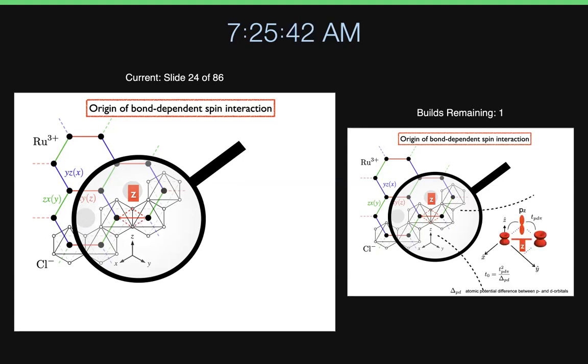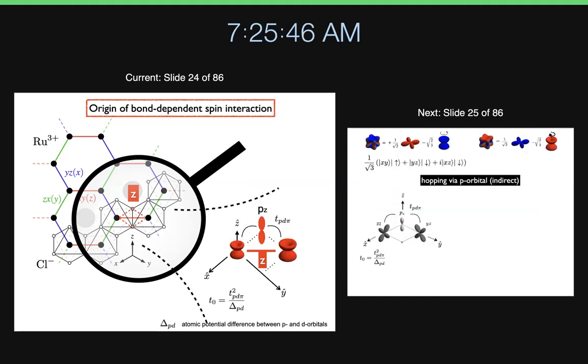And one can see there are 2 processes, one from up and one from down. It really doesn't matter. So here is the XZ and YZ combination, Lz equal to 1, and here is Lz equal to another 1. We go through this process, called t_pd pi, and it's the dominant hopping integral, which we often write as t naught. It's going to be t_pd pi squared divided by the atomic potential difference between the p and d orbitals.